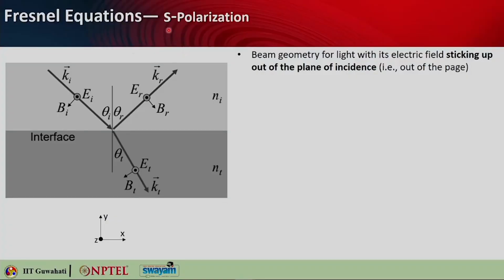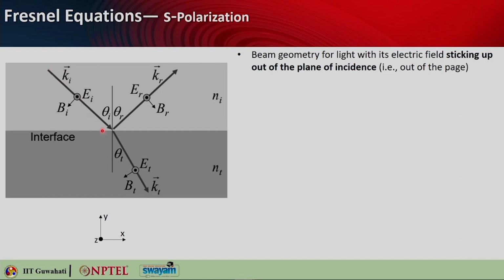So let us assume this particular case, the case of S polarization first. Everything here is in the plane of incidence, as you can see this is a 2D diagram. This is how the coordinates are marked: this is the x axis, this is the y axis, and the z axis is coming out of the screen. Here you can see clearly the wave vector ki, where i stands for incident.